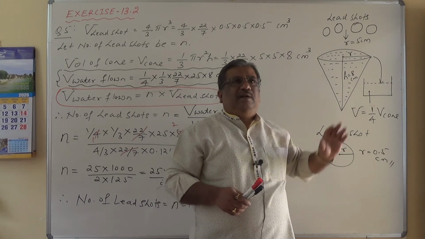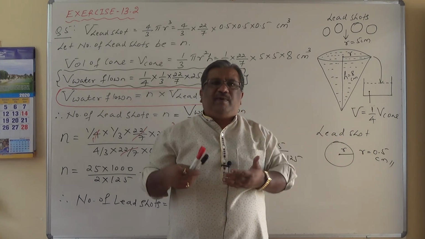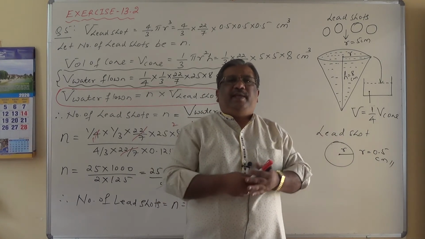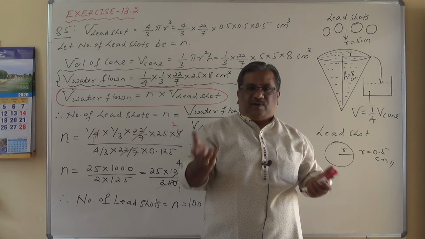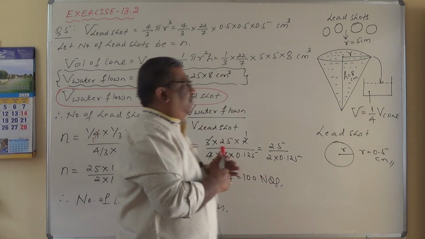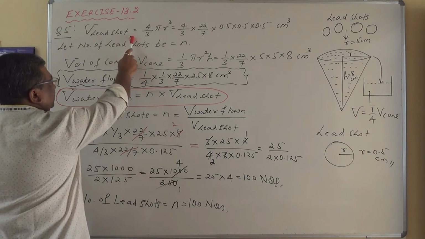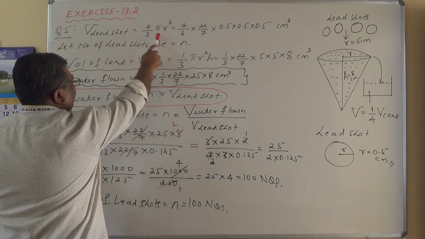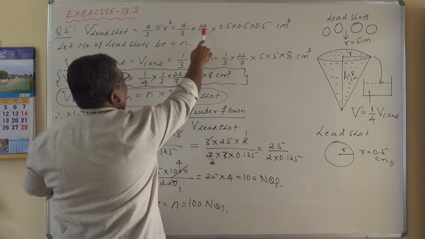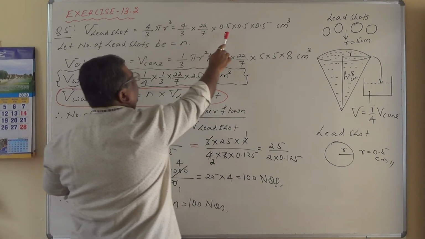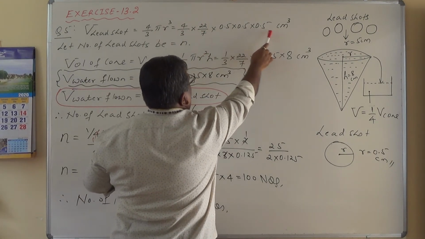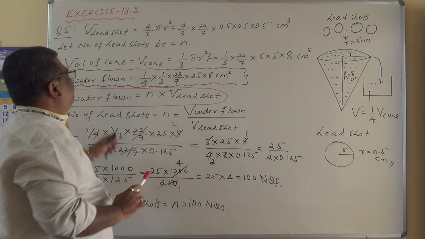That means the volume of the water that we collect must be equal to n number of volume of lead shots, isn't it? So what we'll do now, volume of each lead shot, it is spherical in shape, 4/3 pi r cube, 4/3 22/7, r is 0.5 centimeter, 0.5 into 0.5 into 0.5 cubic centimeter. Leave it as it is.